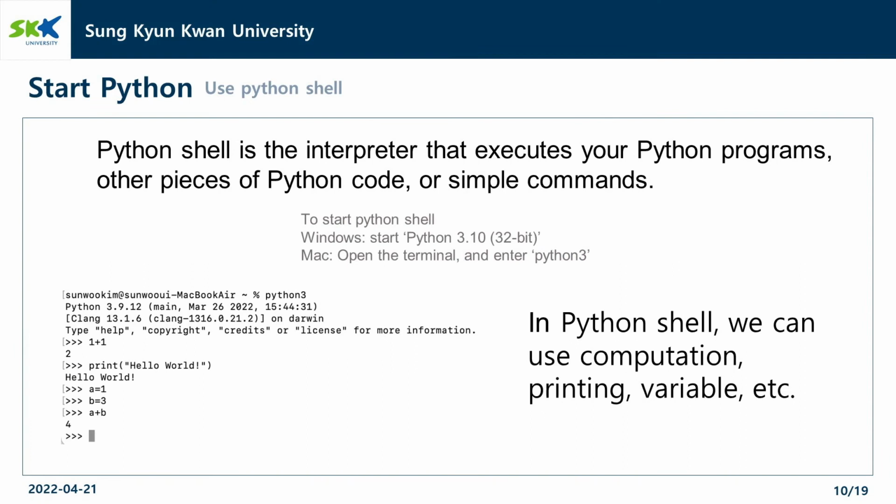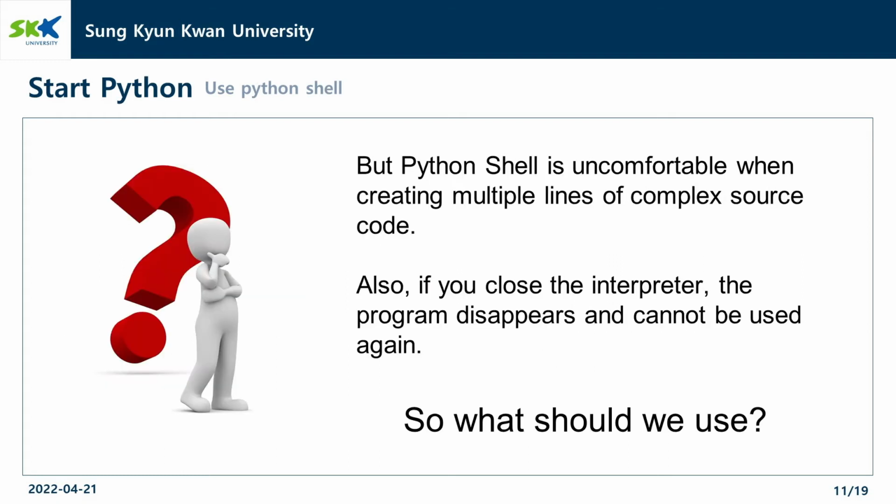If you use Mac, open terminal and enter Python 3. In Python shell, we can use computation, printing, variable, and many other things. Unfortunately, Python shell is uncomfortable when creating multiple lines of complex source code.